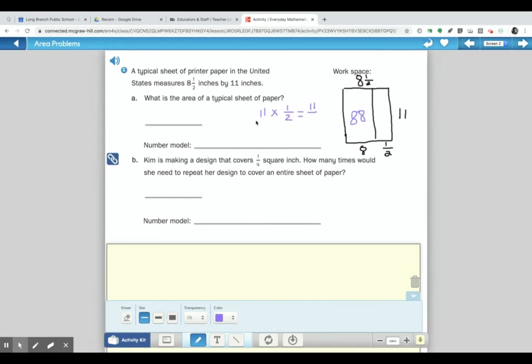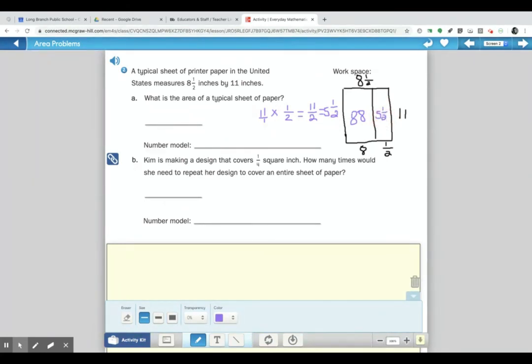And 1 times 2, because I'm going to put my 1 underneath, is 2. Again, I have an improper fraction, and I want to convert it into a mixed number. So 2 can go into 11 5 times evenly, because 5 times 2 is 10, which means I have 1 as a remainder. So my remainder goes as my numerator, and I put my 2 down. So I have 5 and 1/2 for this part of my rectangle.